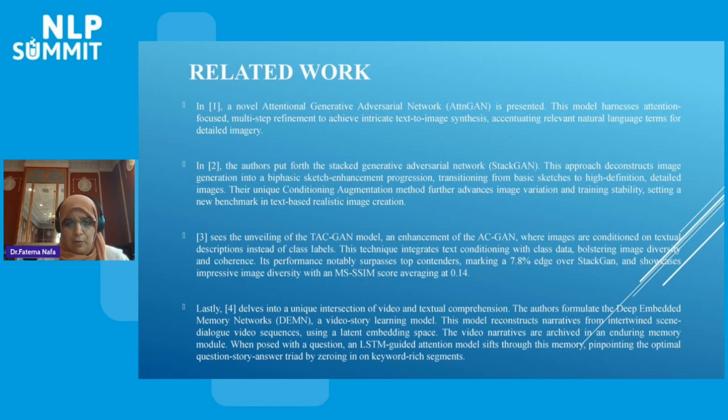They proposed a comprehensive attention-based multi-modal similarity method to determine the image text matching when the training is generated. The second reference introduced something called stack generative network, designed for creating 256 by 256 images based on the text description.